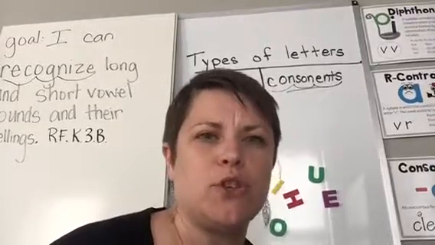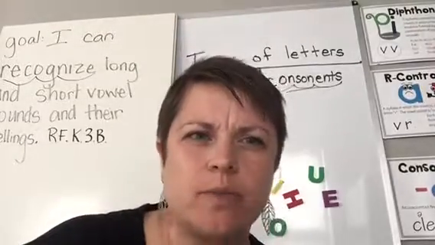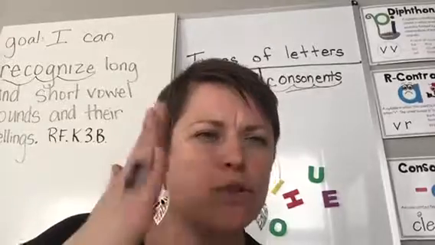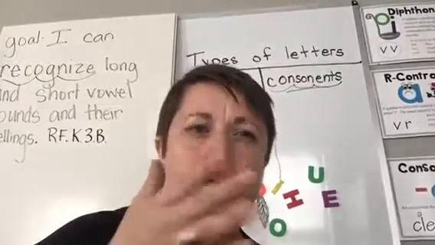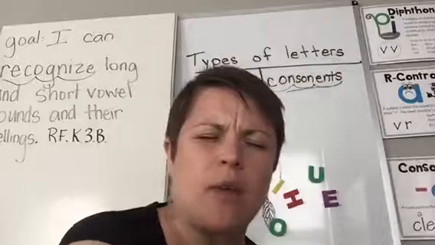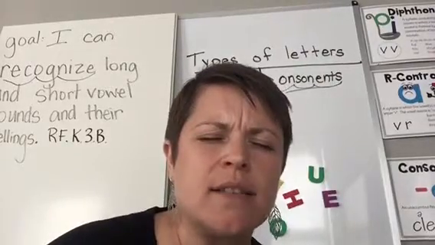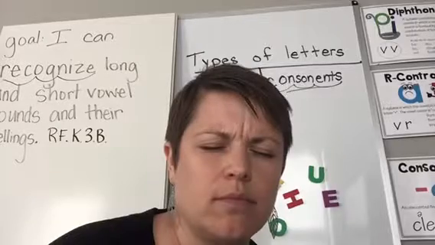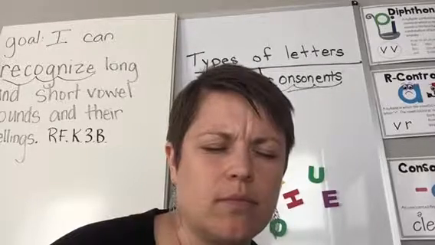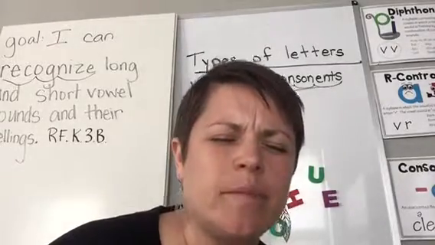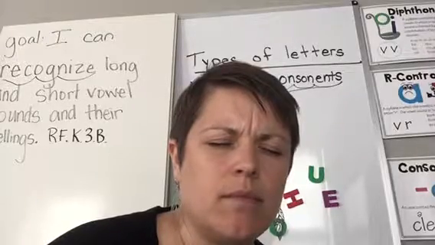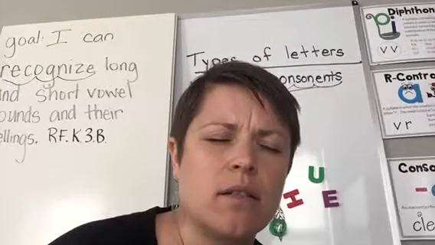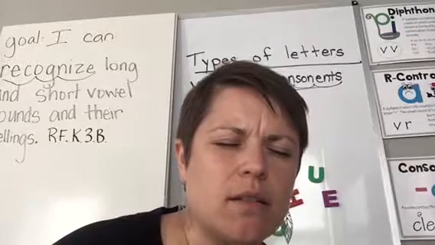This time I want you to close your eyes and visualize the vowels. Okay, don't talk. I want you to do this all in your brain. Close your eyes, blank it out. Visualize the vowels. Do you have the letter A? Is it an uppercase A or a lowercase a?